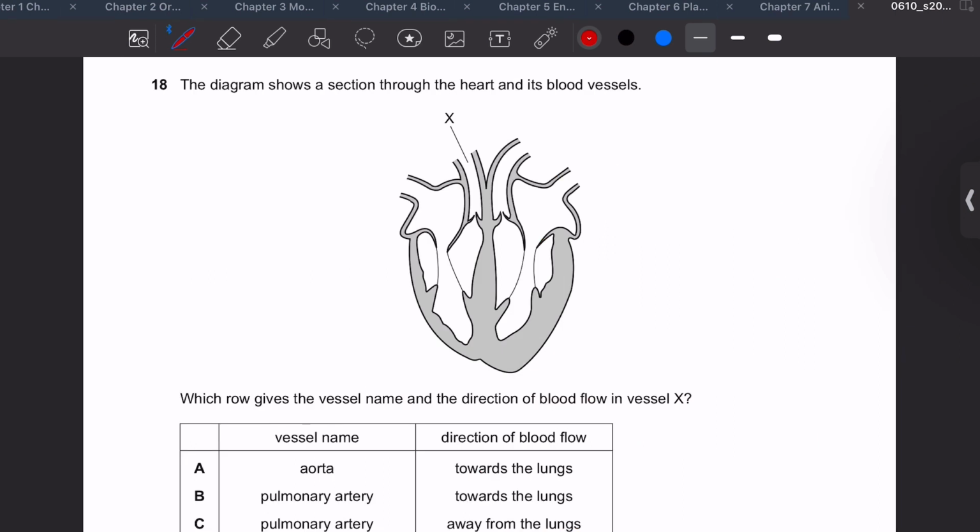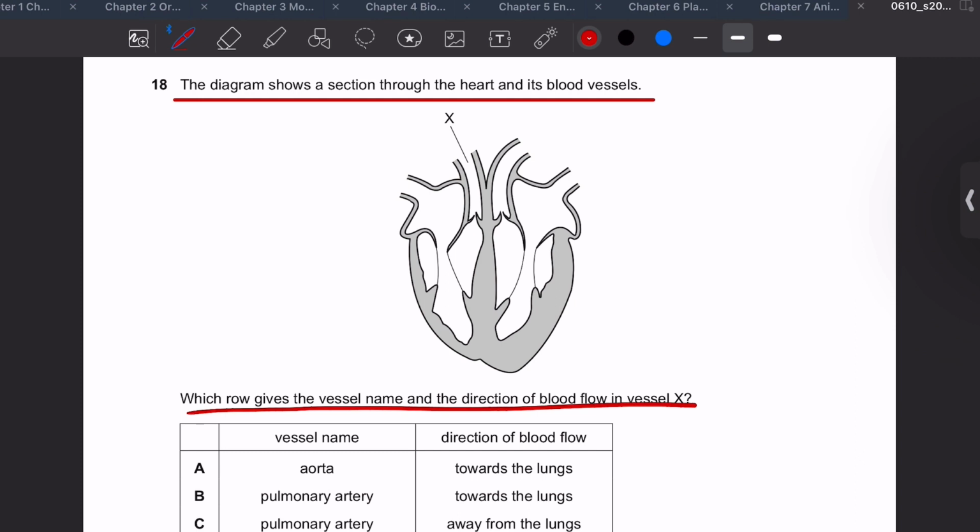Number 18. The diagram shows a section through the heart and its blood vessels. Which row gives the blood vessel name and the direction of blood flow in vessel X?